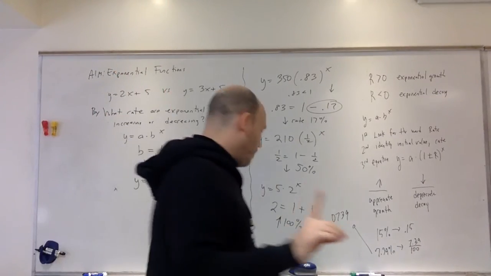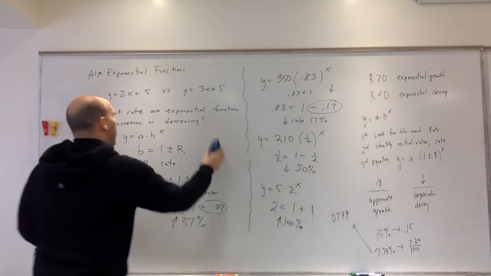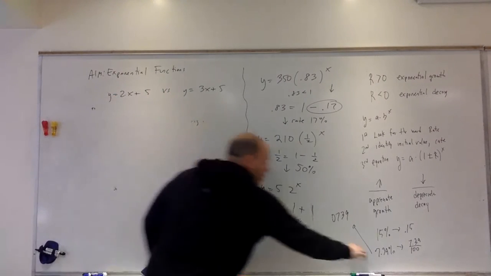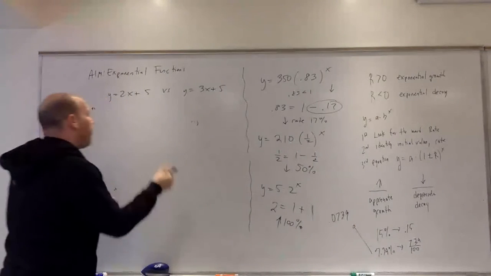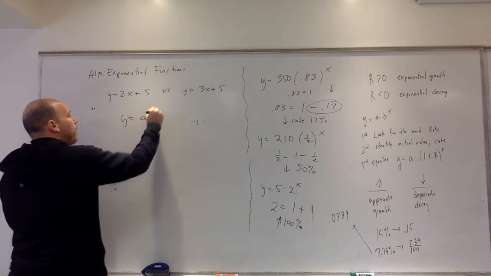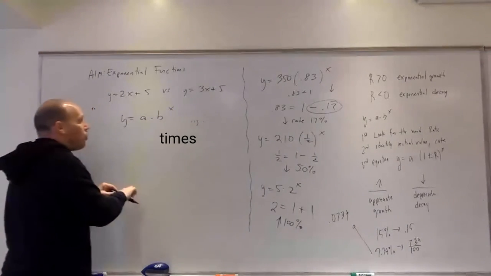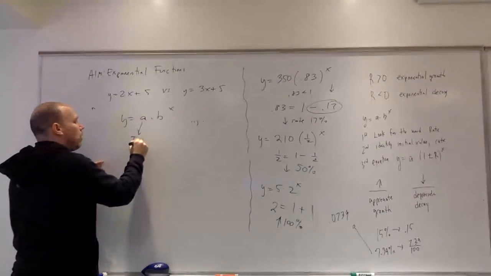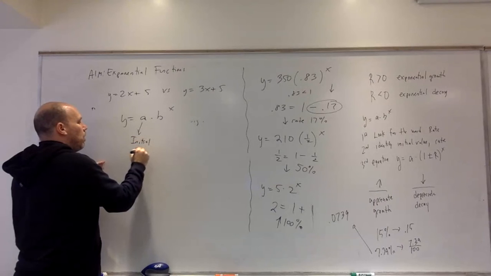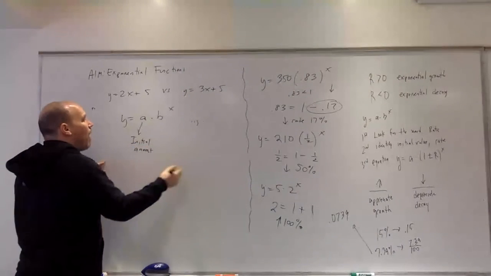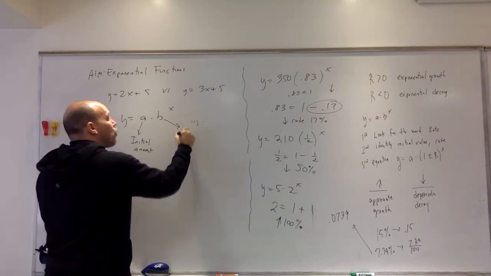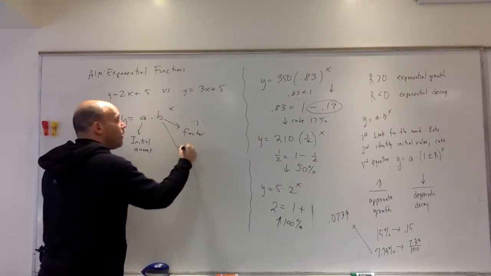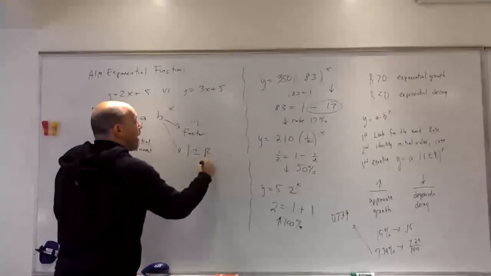Okay, I just want one last thing. Just remember, for any of the word problems, they're all going to be in the form of y equals a times b to the x. And so once again, you're going to be given an initial amount, and either b, this is the factor, or it's going to be like 1 plus or minus a rate.